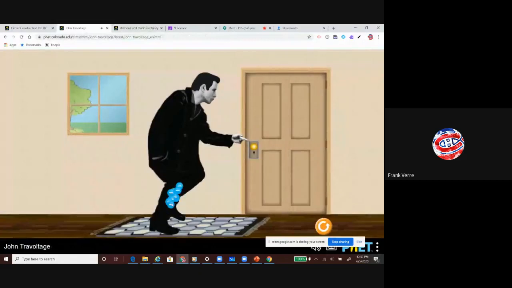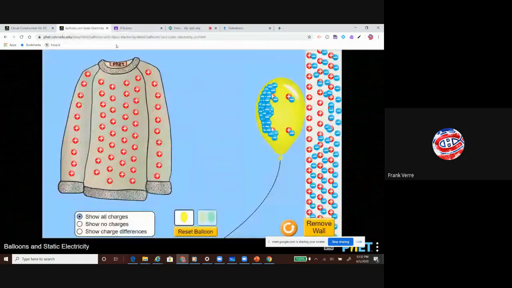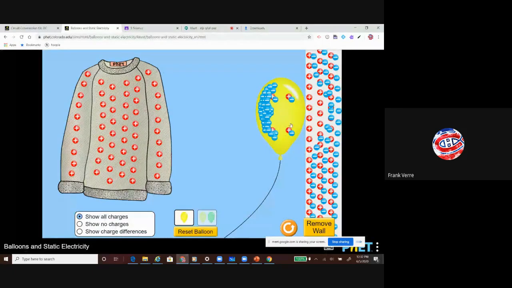Now, if the cat doesn't discharge, so it doesn't touch anything that's metallic, then the styrofoam would be attracted to it, because it's actually the same thing that's happening here.